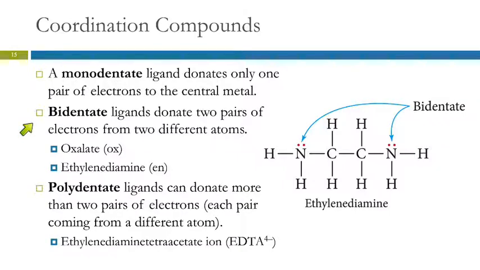A bidentate ligand donates two pairs of electrons, and they are from different atoms within the ligand. So here's ethylene diamine. This nitrogen can donate its lone pair, and the other one can also donate its lone pair. So you look at water and you say, oh, well, it's got two lone pairs. Yeah, but it's only going to donate one. The bidentate is from two different atoms.